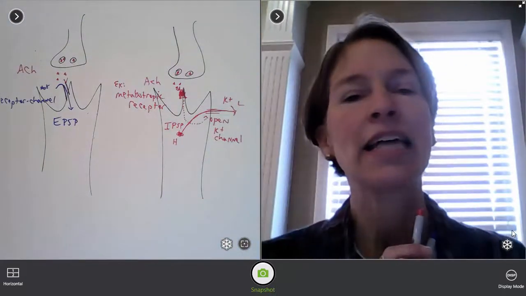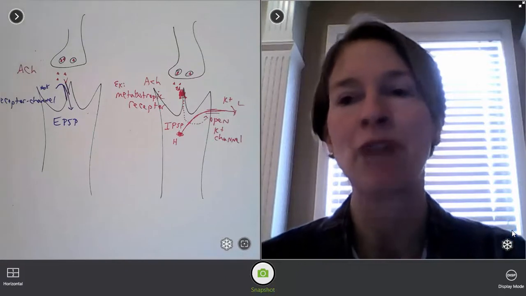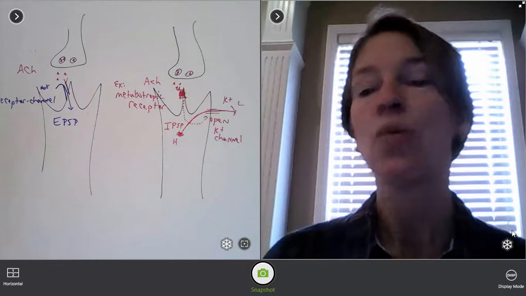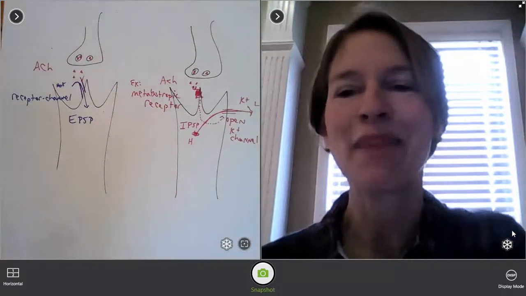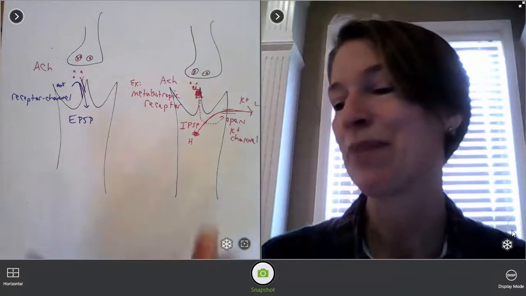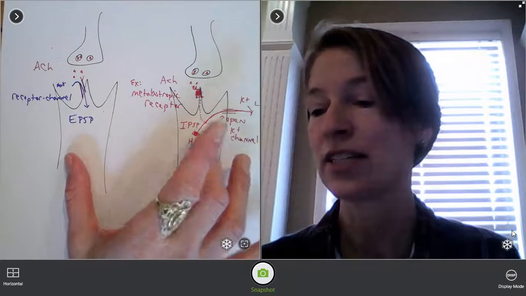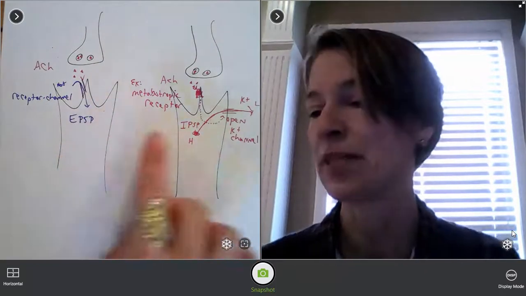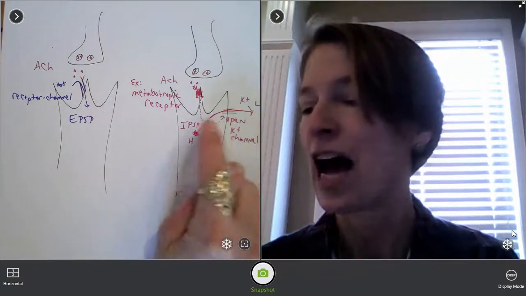Okay, and that's really important because it's not the chemical that you could memorize. Oh, acetylcholine always does this. It's the receptor. What is the receptor doing? It's the receptor that makes the difference in the postsynaptic neuron. Is the receptor causing sodium ions to flow? That's EPSP. Is the receptor causing potassium ions to flow? That is IPSP.